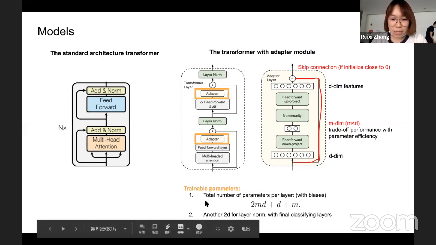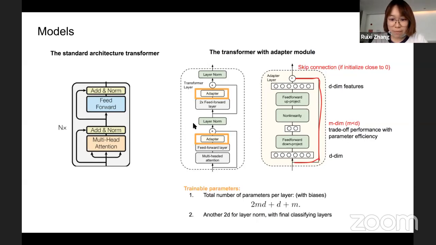Here we consider the total parameters per adapter layer: 2MD plus D plus M, where the D and M terms refer to the biases. During training, we also consider the layer norm. So for each transformer layer, we have an additional 2D parameters to train, along with the final classifier layer.